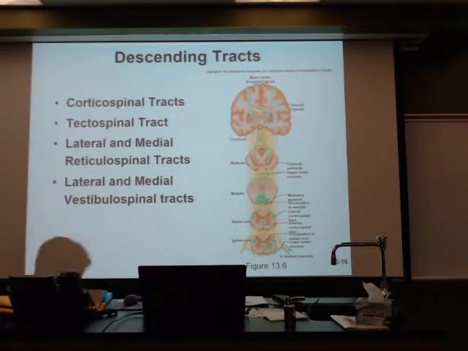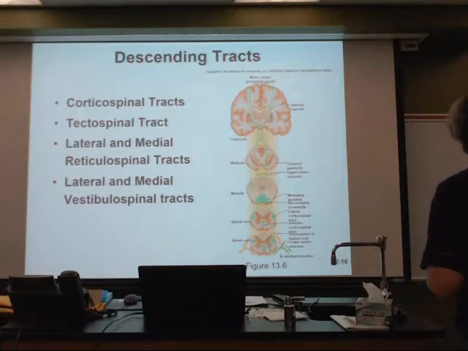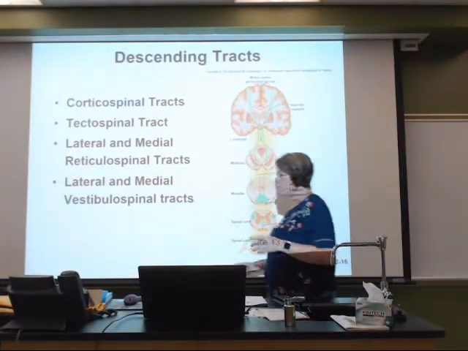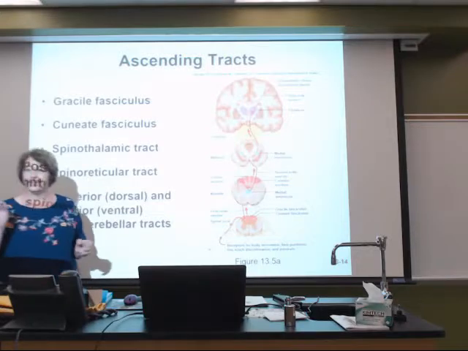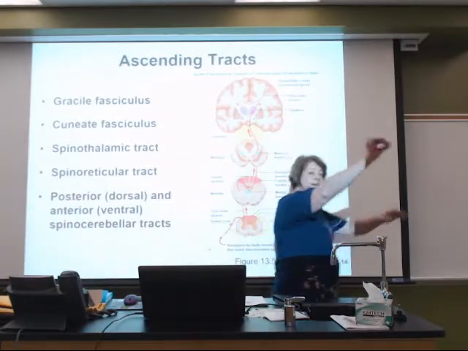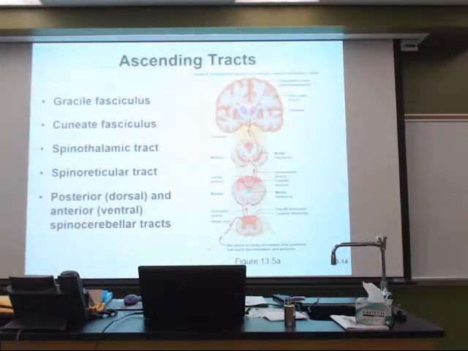All right, so one of the things that we have to remember, information needs to go in, meaning we're going to have some type of sensory receptor. That receptor sends the information to the area of the spinal cord.